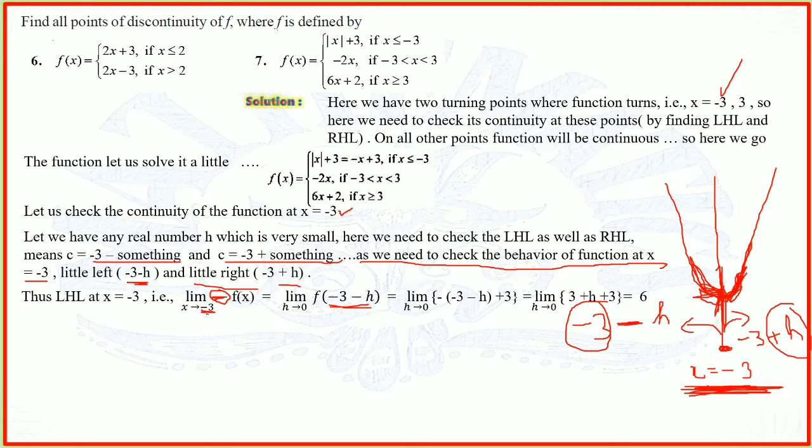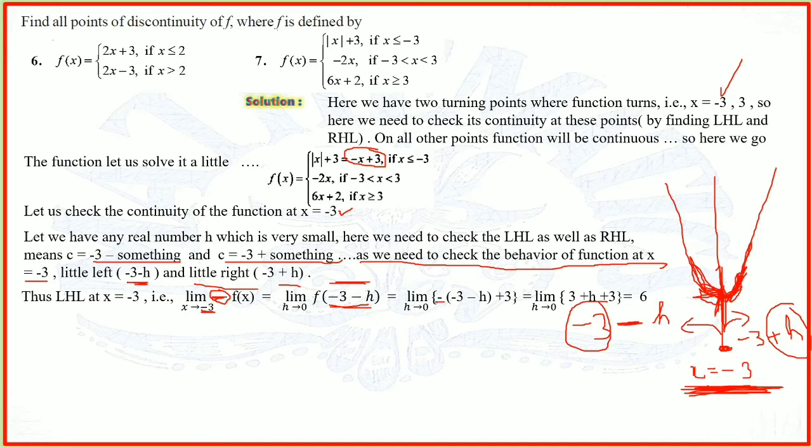Now as we are taking the left hand limit, the function's value will also be on the left side only. That means when x is less than or equal to minus 3, this should be the value of the function: minus x plus 3. Now instead of x we will put minus 3 minus h.